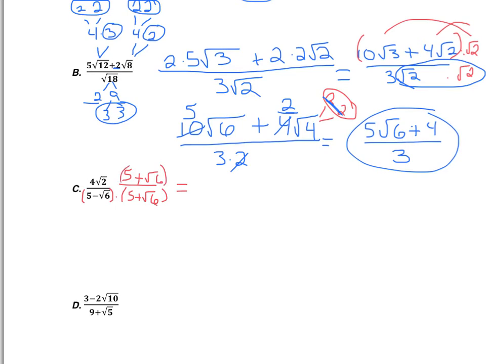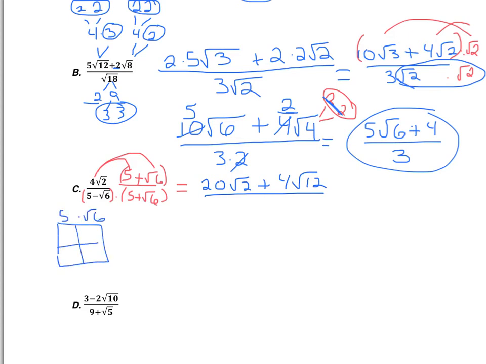So on the top, I would distribute 4 root 2 to 5 and root 6. 4 times 5 is 20, and then we have root 2, plus 4, and then root 2 times root 6 is root 12, over, and then when we multiplied conjugates before, remember that we had 5 minus root 6 and 5 plus root 6, and this gave us 25, and then we have 5 root 6, and that's a negative, and then 5 root 6, and that's a positive, so these cancel out.